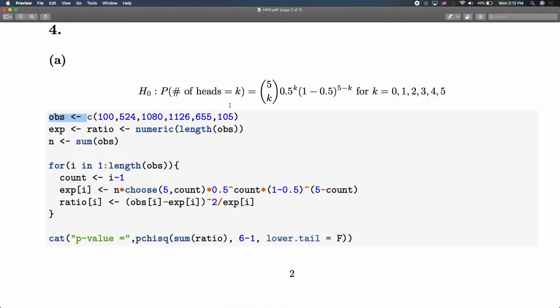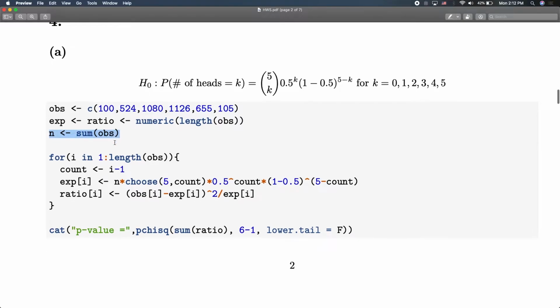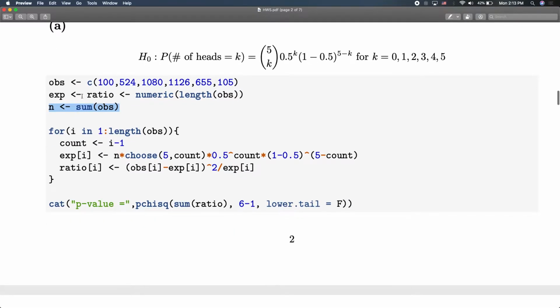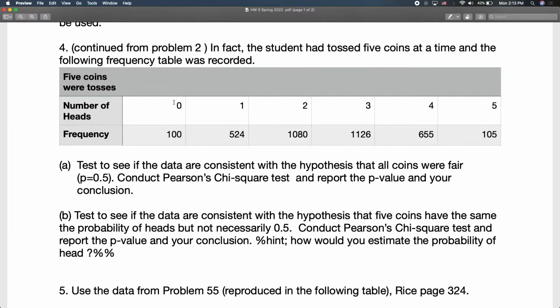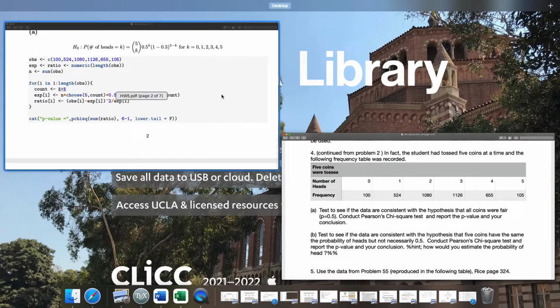So this will be our null hypothesis. Here we create a vector for all the 6 outcomes, a placeholder, and then the total occurrence. In the for loop, ranging from 1 to 6, we do i minus 1 to get the count, since the actual outcome is from 0 to 5.